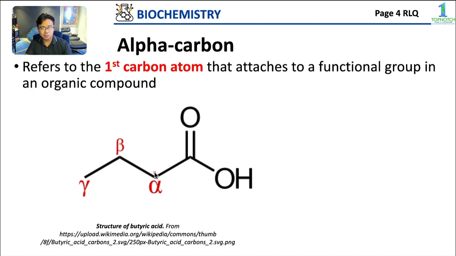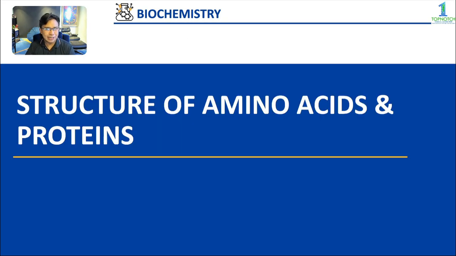Therefore, the first atom attached to it is known as the alpha carbon. Next to it is the beta carbon, gamma carbon, and so on. That is the concept of alpha carbon, etc. Now, the last carbon there is called the omega carbon, serving as the last letter of the Greek alphabet. Now, we head to the real biochemistry.